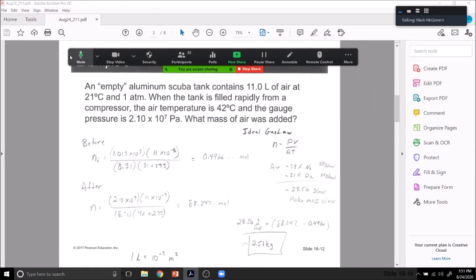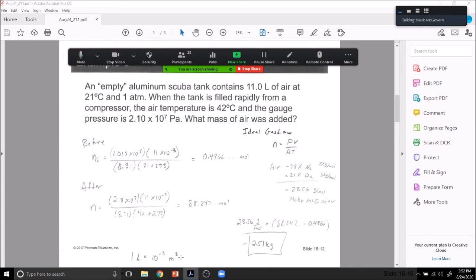Okay, beforehand. Now I'm going to rearrange my ideal gas law, so I've got pressure and volume divided by RT. We have all that stuff, right? We have atmospheric pressure to start, so 1 atmosphere is 1.013 times 10 to the 5th. We've got to do our volume here. Now, if you weren't aware, now you will be: a liter of gas is 10 to the minus 3 cubic meters.